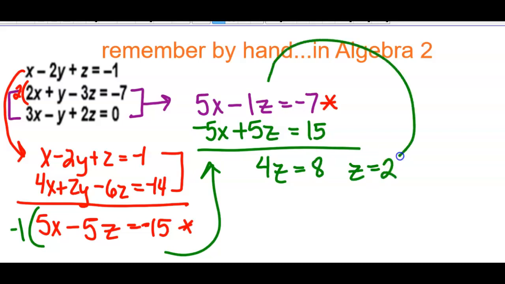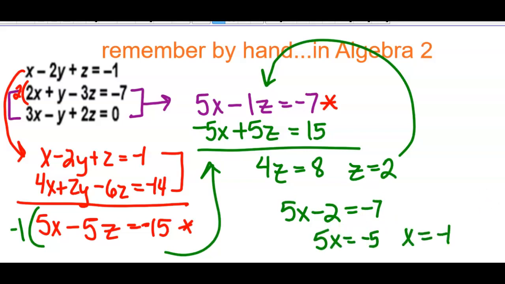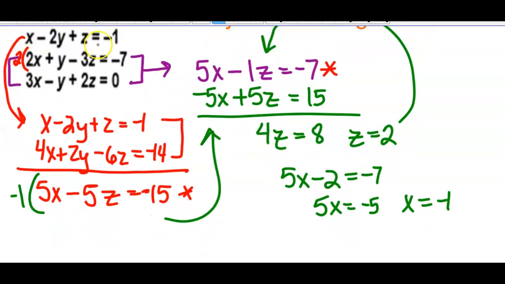Then I can plug that back in somewhere. Add 2 over here. X is -1. And then I can go back to the original equations up here.